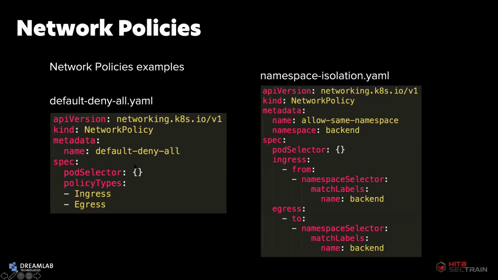Here we can see another example. In this case, this network policy allows pods in the same namespace to communicate with each other, but pods in a different namespace will not be able to reach these pods. In this case, we are talking about the backend namespace. So with this policy, all the pods within the backend namespace will be able to talk to each other. But if we have pods in different namespaces like frontend, they will not be able to send packets and talk to them.